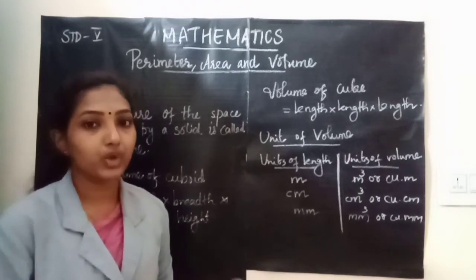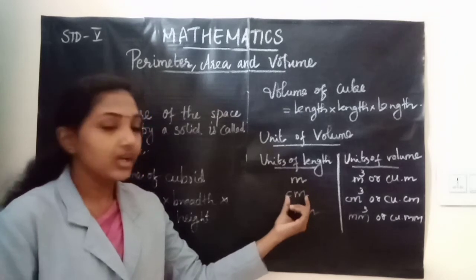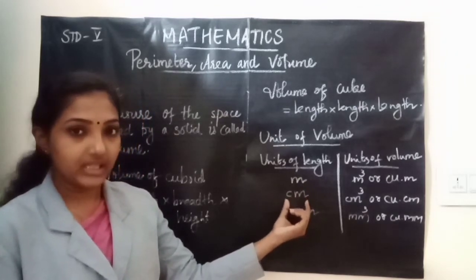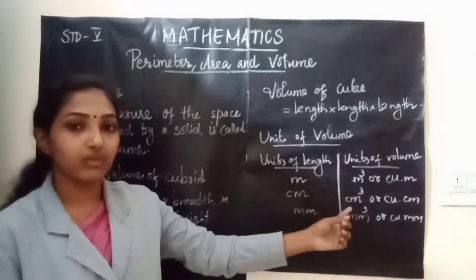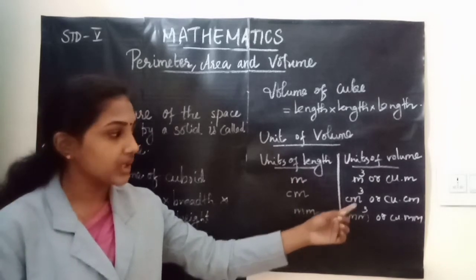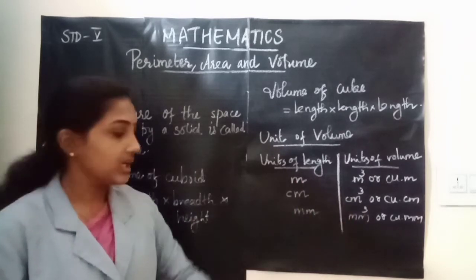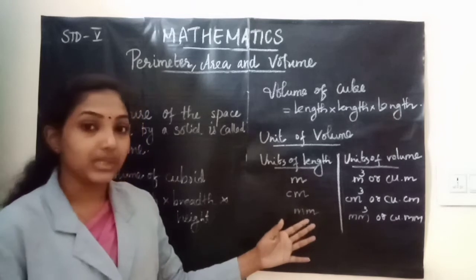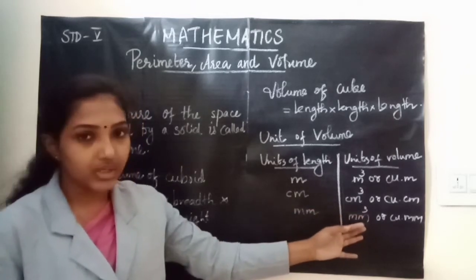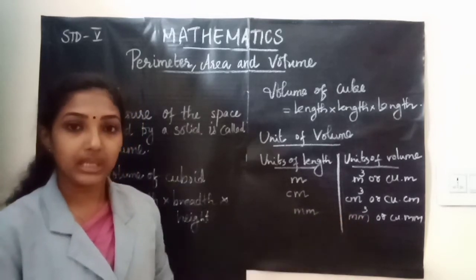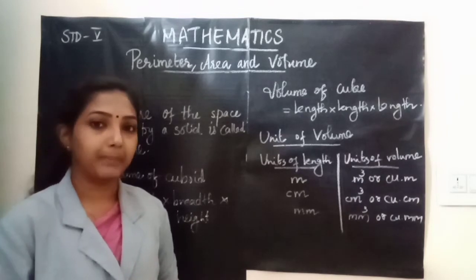If the unit of length is given in centimeter, the volume will be in centimeter cube or cubic centimeter. And if the length is given in millimeter, the units of volume will be millimeter cube or cubic millimeter.